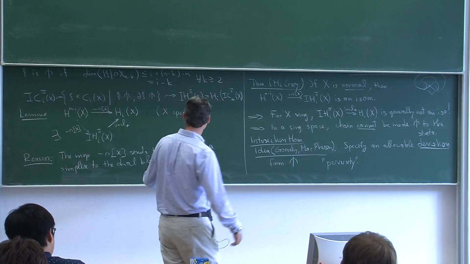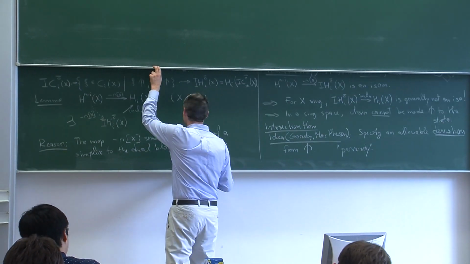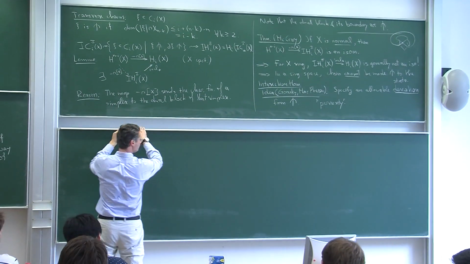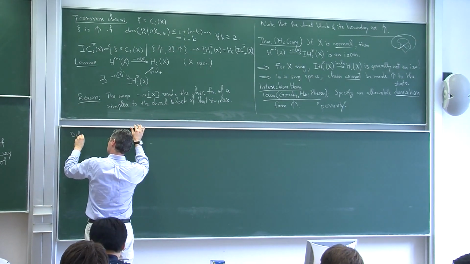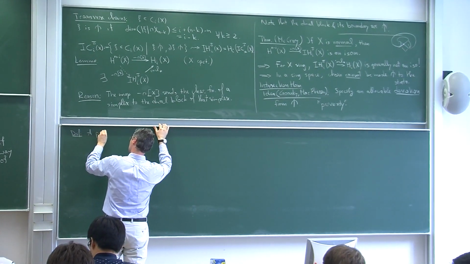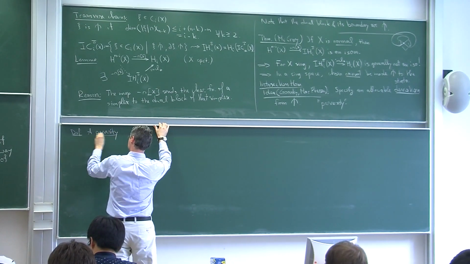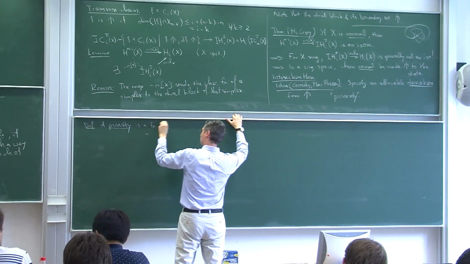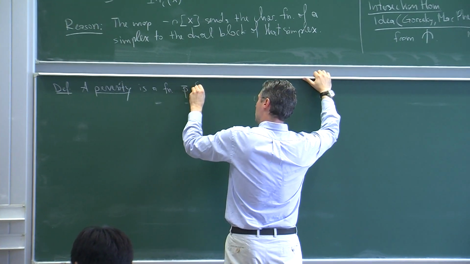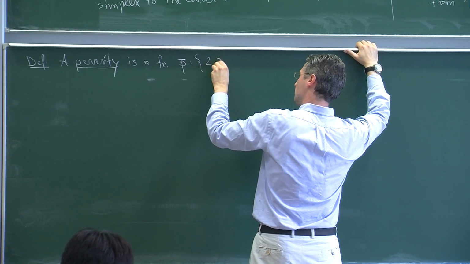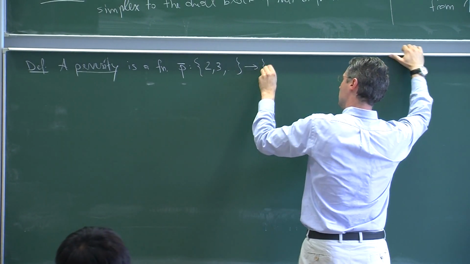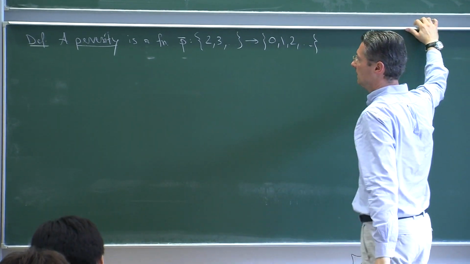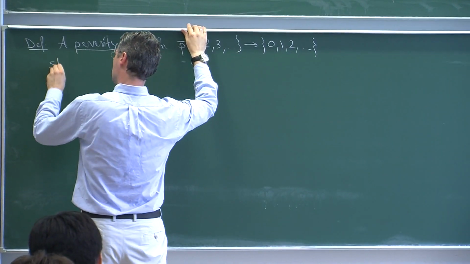So let me now formally define what a perversity is. A perversity is a function p bar from the set of integers 2, 3, and so on to the non-negative integers with the following conditions.